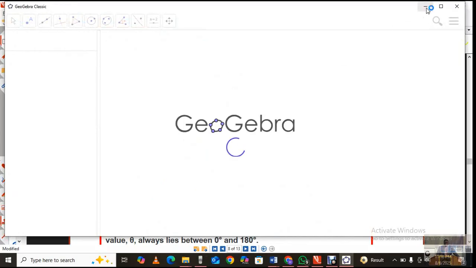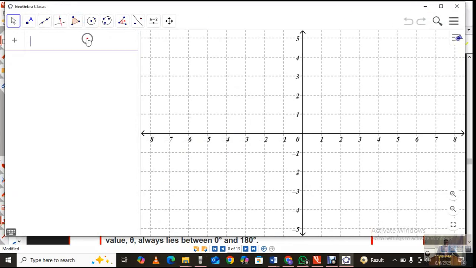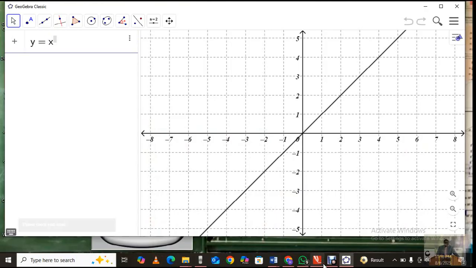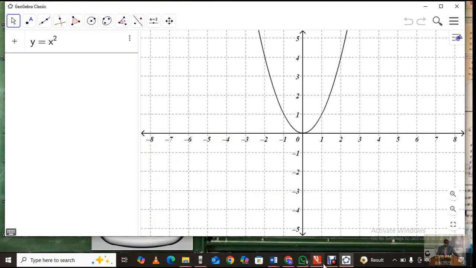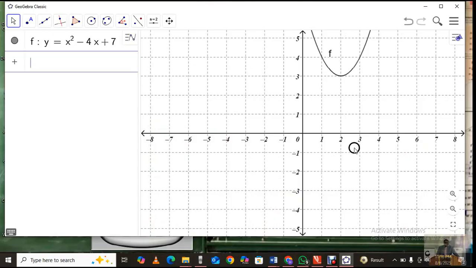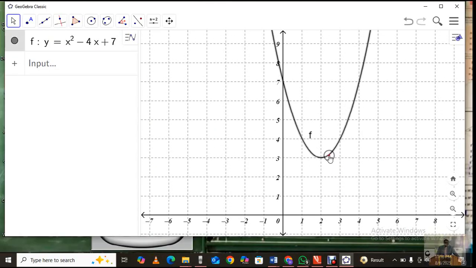Our graph was y equals x squared minus 4x plus 7. So that's how our curve was.